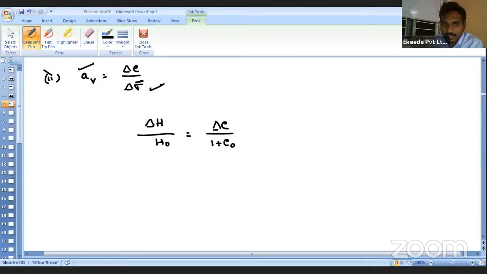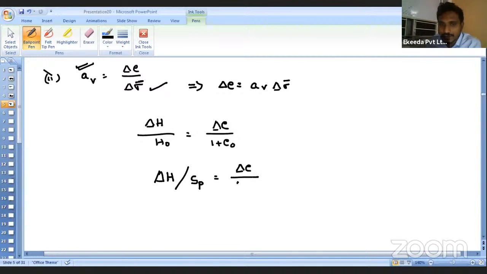If we know the increase in effective stress and the coefficient, from this you can find the change in void ratio, that I can write as a_v into Δσ bar. That's it. Substitute in the given equation. Then I can find the change in thickness, or the settlement, primary settlement, with subscript P. That will be equal to, if I take H naught to the right side, then what can I write?